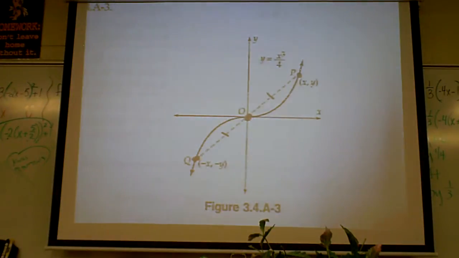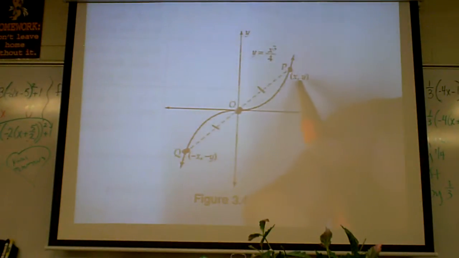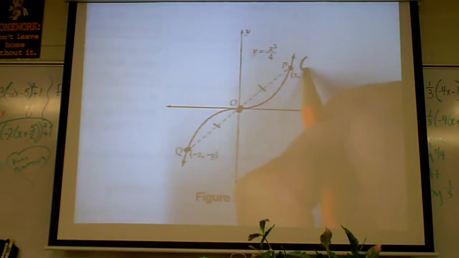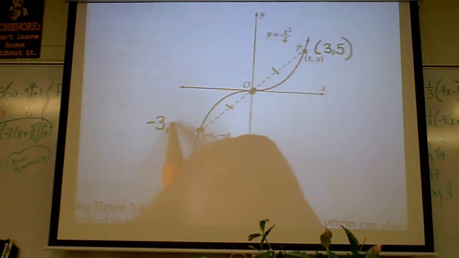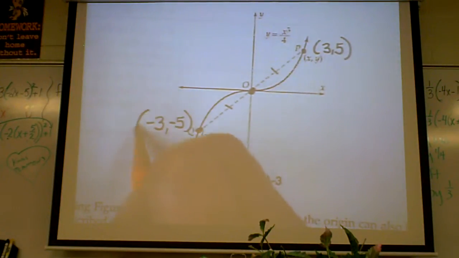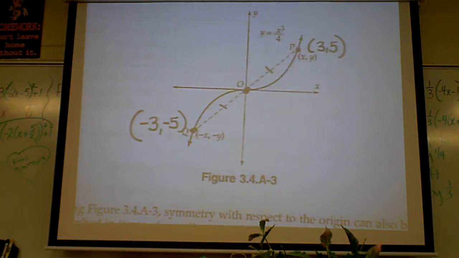And if this ordered pair is, let's say, 3, 5, this ordered pair would be -3, -5. What did I do? Change signs of both y and x. You changed both of them.